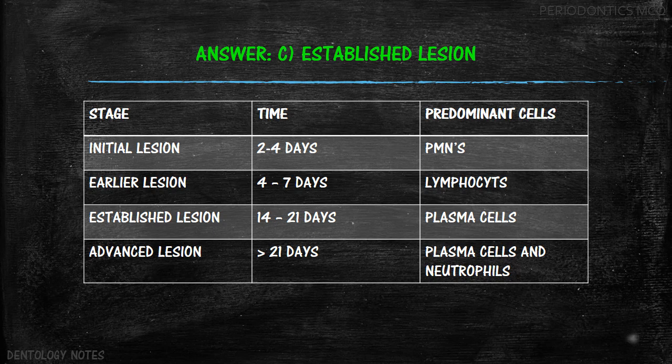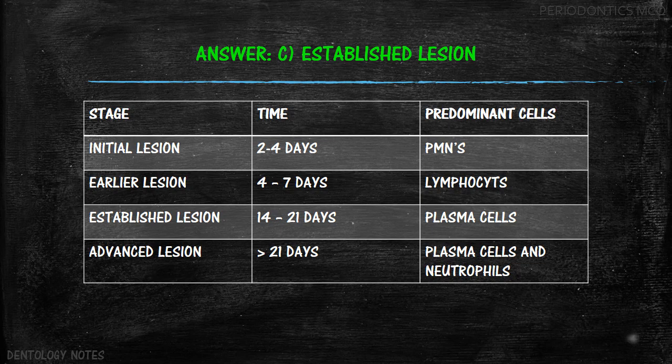Stage, time, predominant cells: Initial lesion, 2 to 4 days, PMNs. Early lesion, 4 to 7 days, lymphocytes. Established lesion, 14 to 21 days, plasma cells. Advanced lesion, more than 21 days, plasma cells and neutrophils.